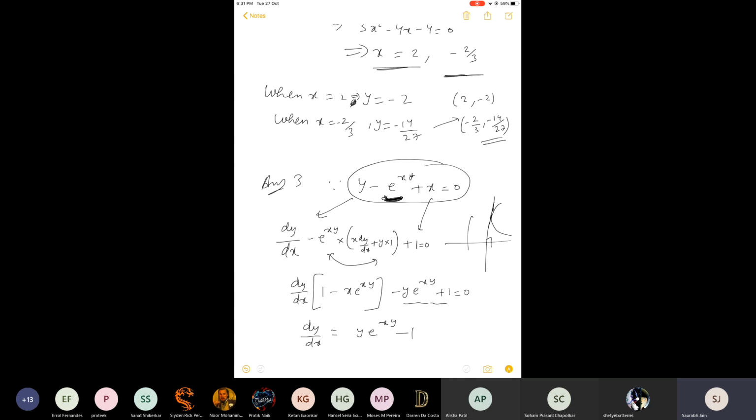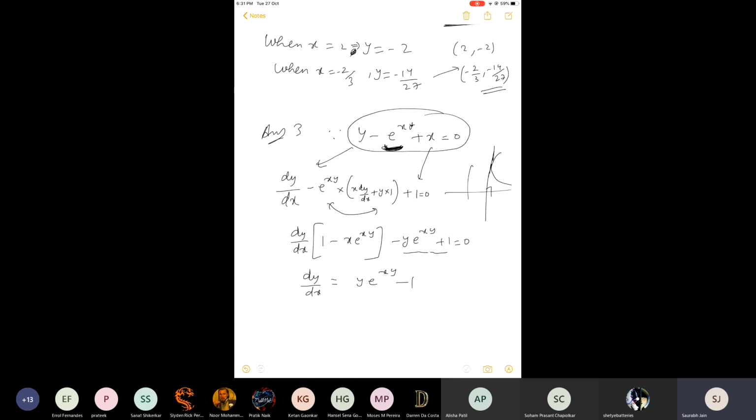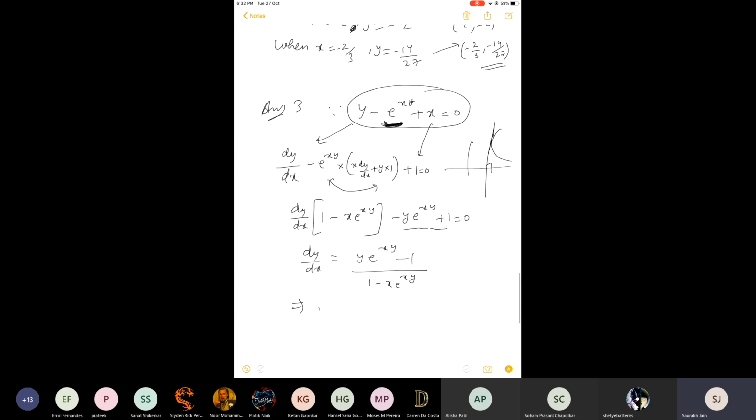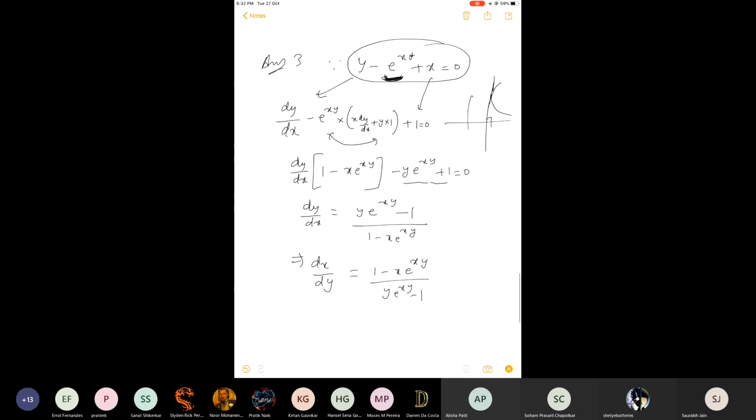I'm talking about these two terms. Whatever was present with dy by dx will come in the denominator. From here I will find dx upon dy, which is the reciprocal of it, and now I'm going to put it equal to 0 because of the vertical tangent condition. Now dx by dy is 0, vertical tangent.